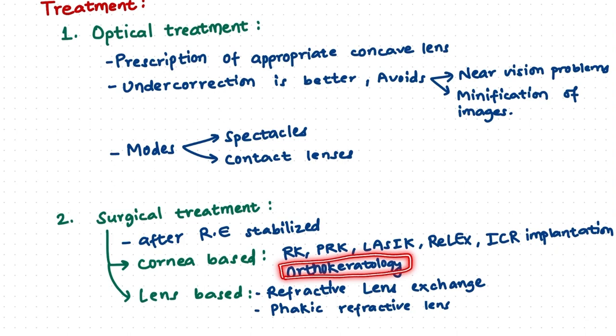It is not a surgery, but it is a reversible method of molding the cornea. The cornea is molded overnight. The individual wears a rigid gas permeable contact lens overnight, and for the rest of the day he achieves good vision, because that contact lens molds his cornea, making it flatter, right?